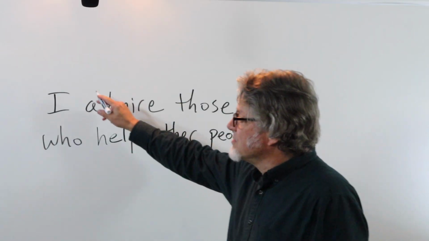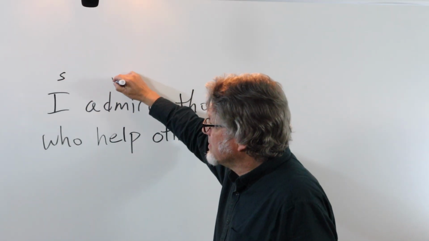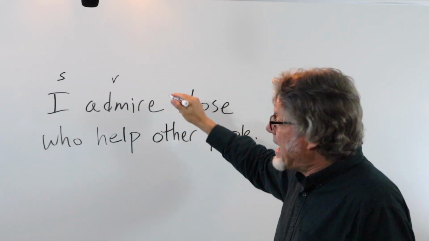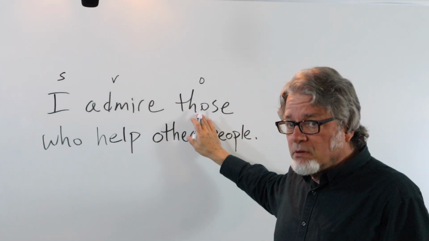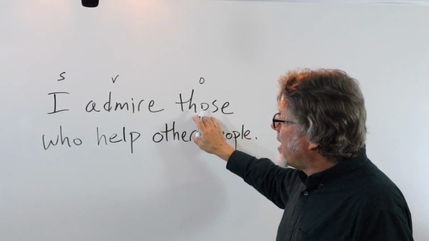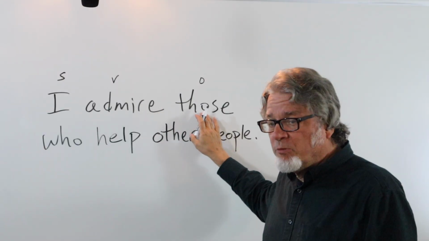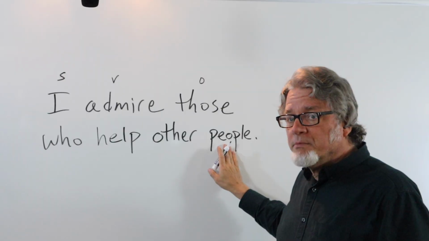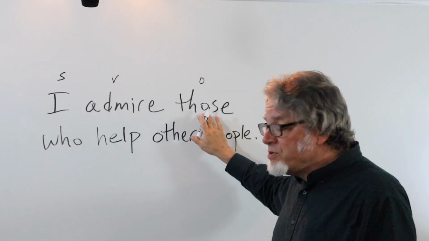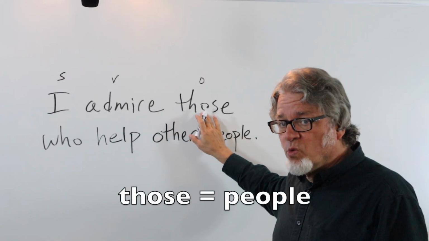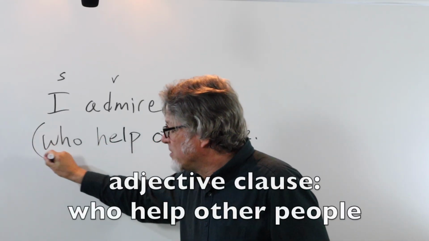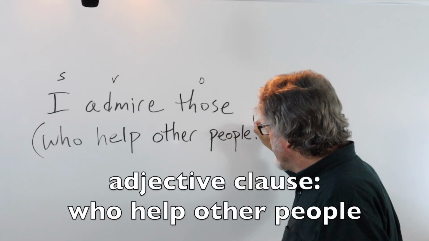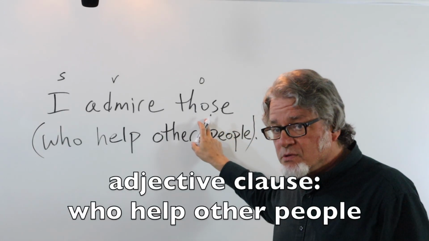In this sentence, this is the subject, this is the verb, and this is the object. This represents people. I could say, I admire people who help other people, but instead, those is a good substitute for the word people. And here's the adjective clause for the word those.